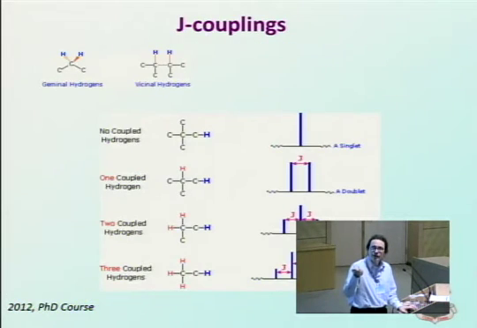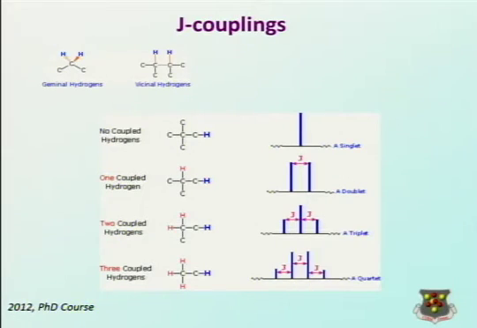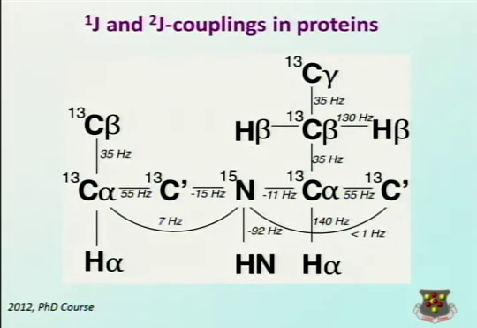The other way to identify backbone dihedral angles, that is secondary structural elements, is by measuring J couplings, especially what are called 3J couplings, so couplings between atoms that are separated by 3 bonds, such as in this example.